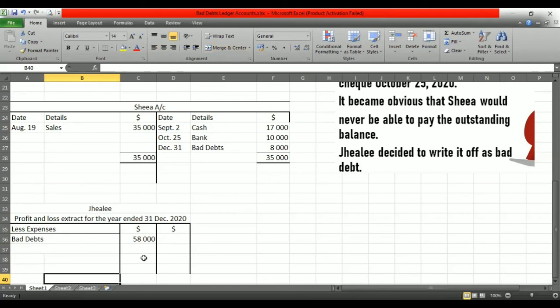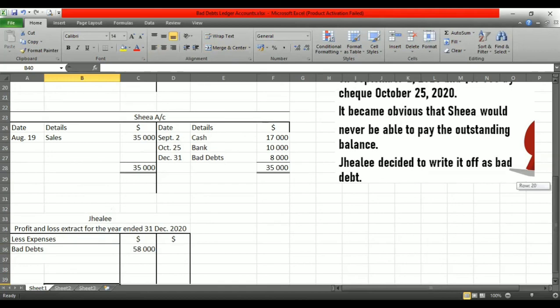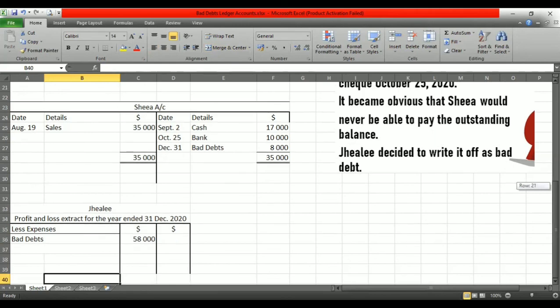And at this point in time, I'm pretty sure that you are now able to do the ledger entries to write off bad debt. So remember, the customer account is credited and the bad debt account is debited once it is clear that the debtor is unable to pay.